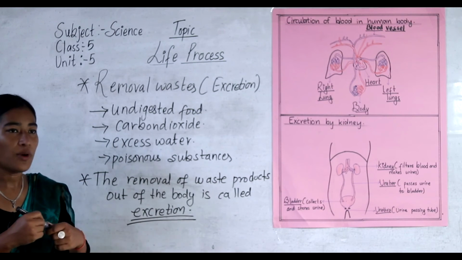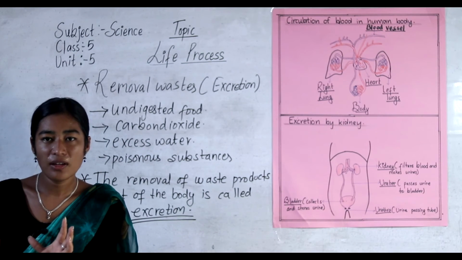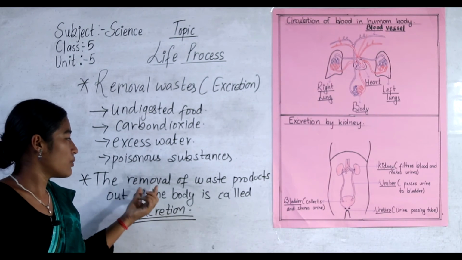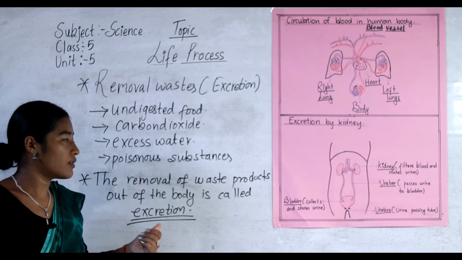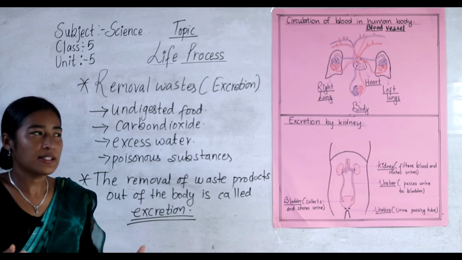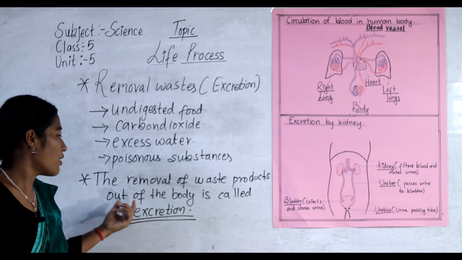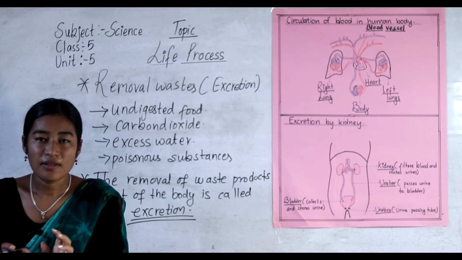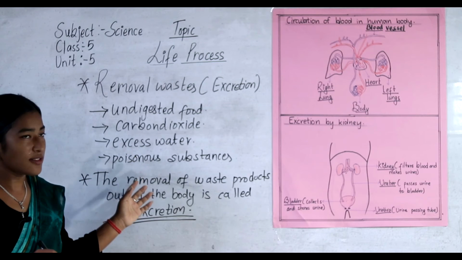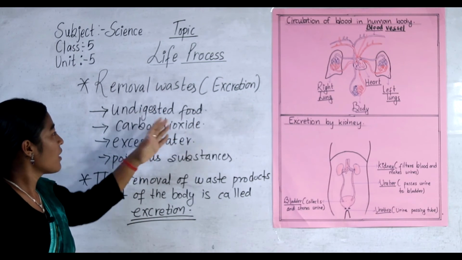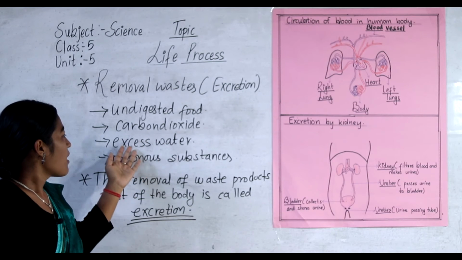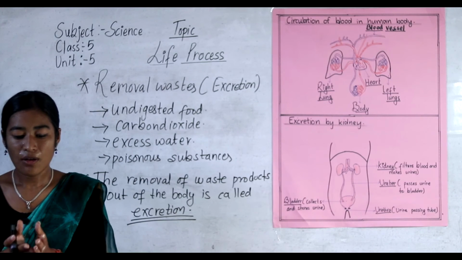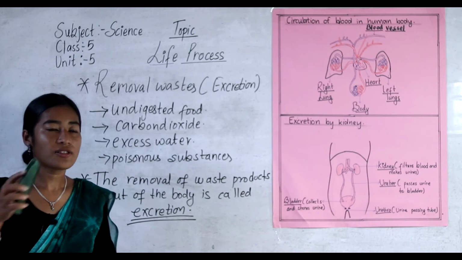What I have told you is that the kidney filters blood and makes urine. And what is excretion? The removal of waste products, or unnecessary, unwanted things, to get rid of them from the body, that is called excretion. They are undigested food, carbon dioxide, excess water and poisonous substances. These are the unwanted wastes, and removing them is called excretion.